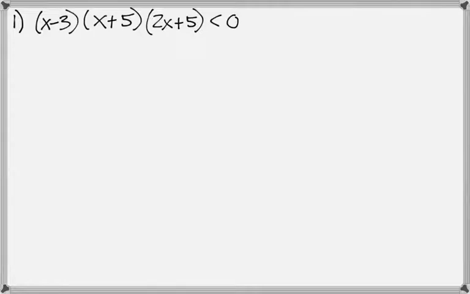I do this by making a number line, and I want to have cutoff points on the number line. The cutoff points are where it's going to be equal to 0 or undefined.